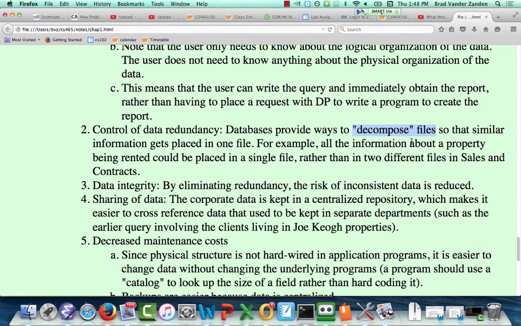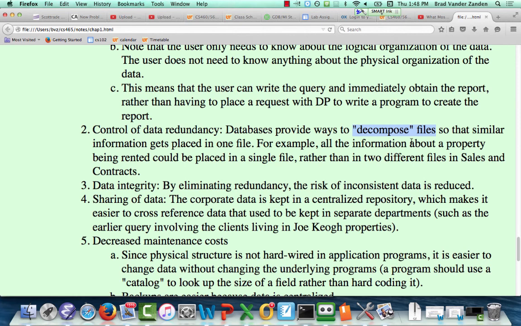So for example, instead of the leasing office keeping track of Joe's address and the real estate office keeping track of Joe's address, there's one file that contains information about Joe. His address, his zip code, his particulars, they're all in that one file. Okay? And that way, we only keep his address in one place.